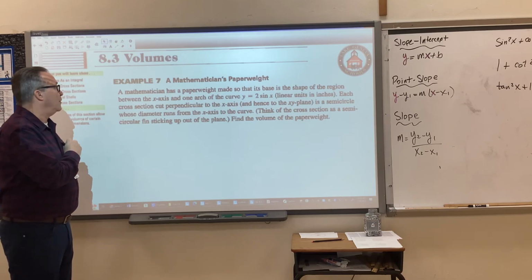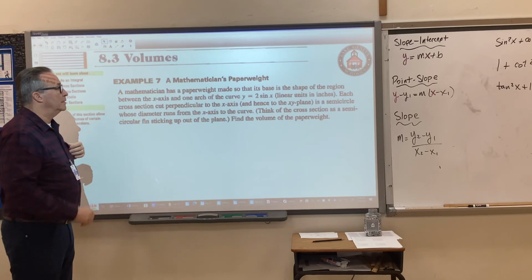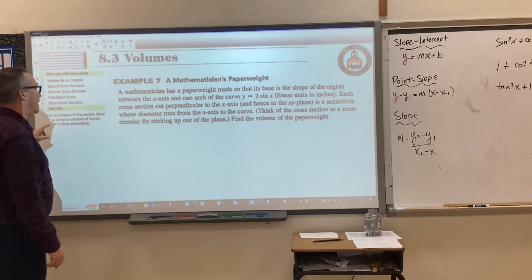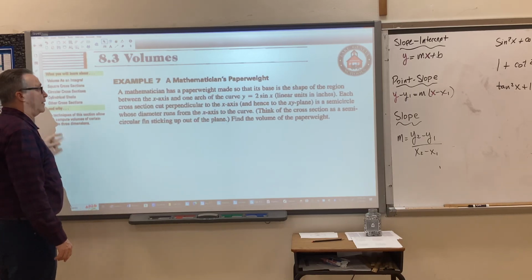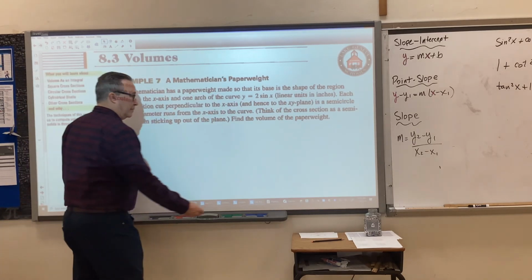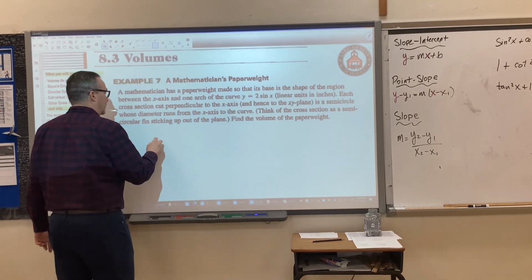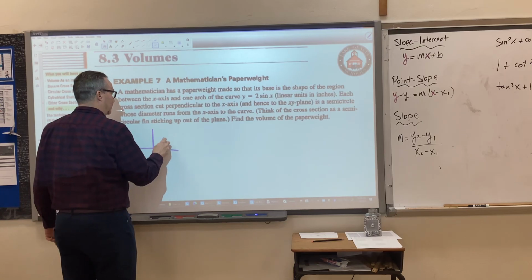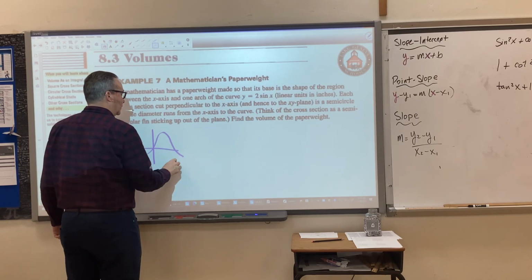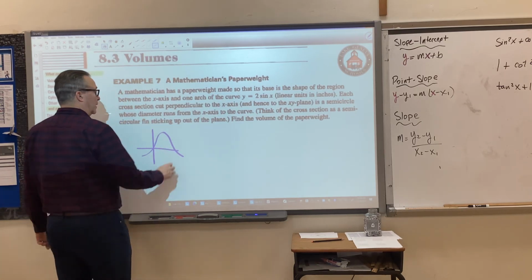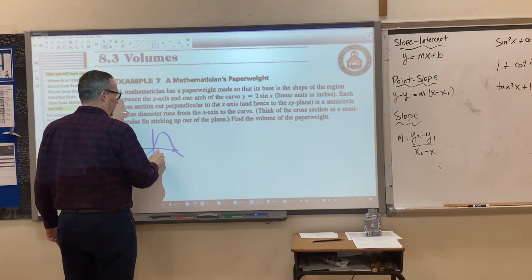So this paperweight, we shape the region between the x-axis and one arch of the curve y equals 2 sine inverse, I guess from 0 to pi over 2, goes up to 2.